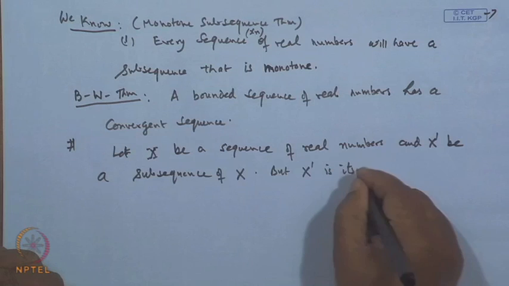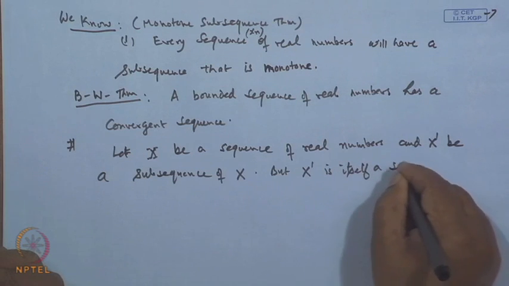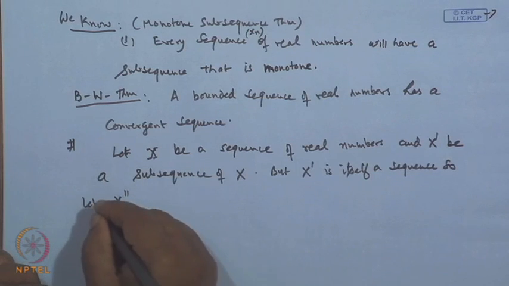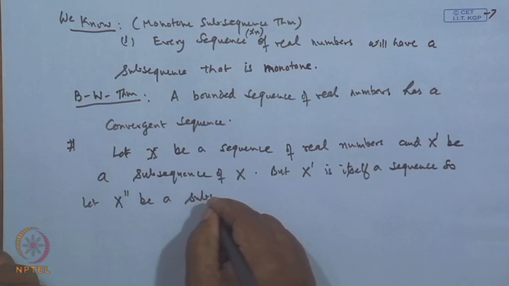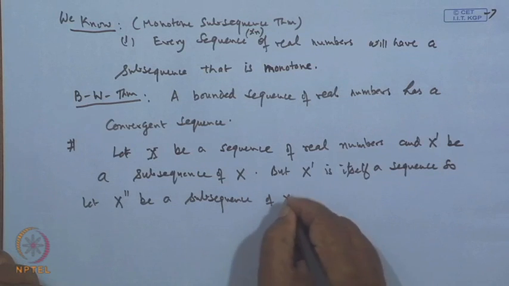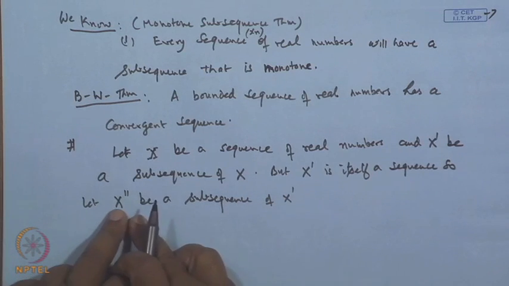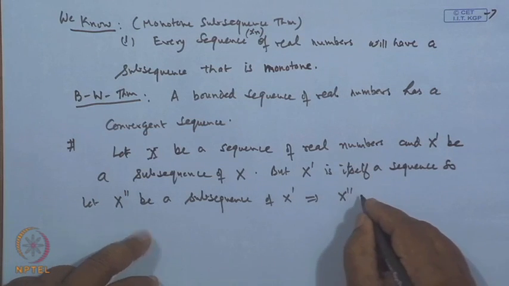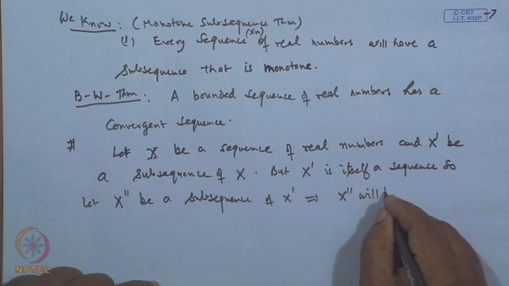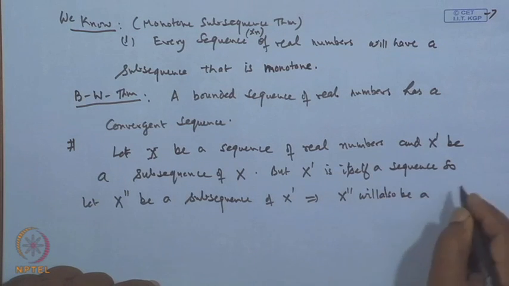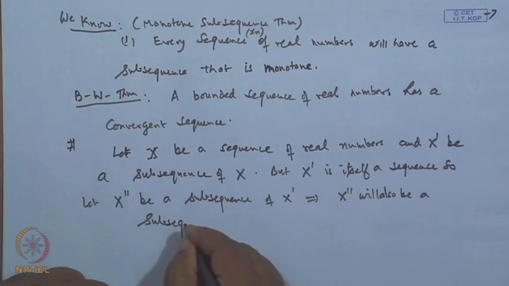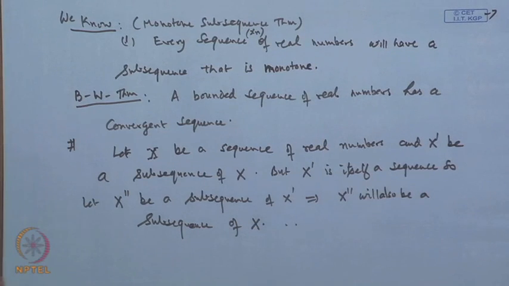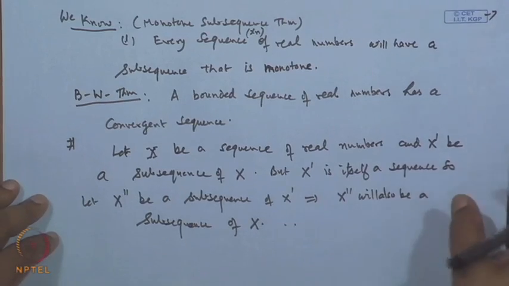Let x double dash be a subsequence of x dash. Then obviously, the elements of x double dash are also elements of x. So, x double dash will also be a subsequence of x. And we can continue like this.